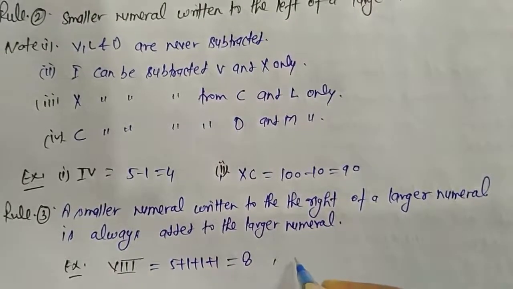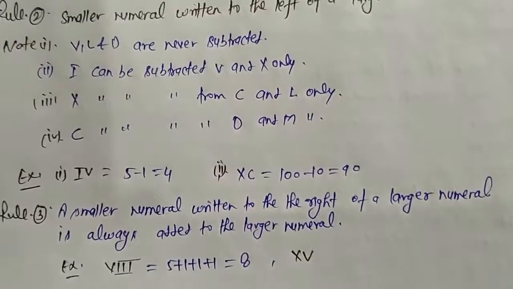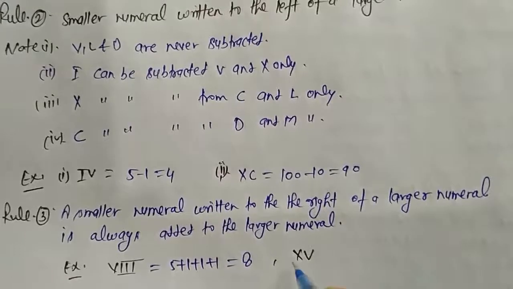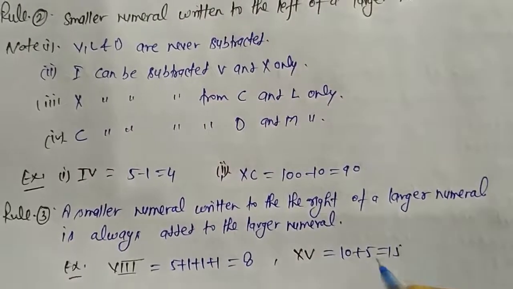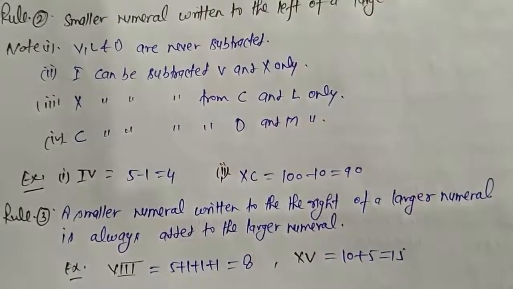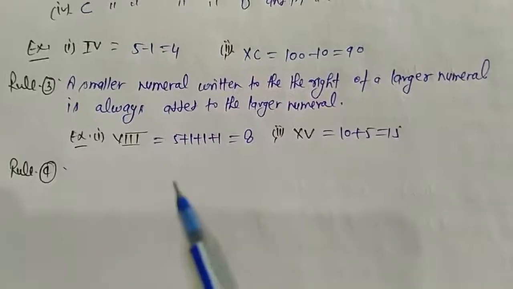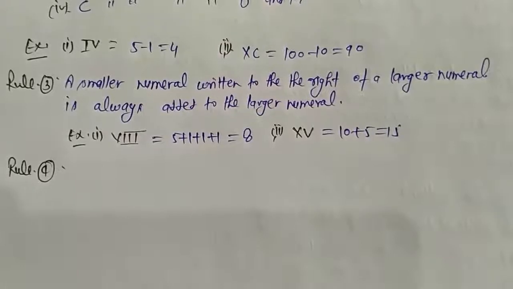Another example, XV: the right side value is smaller than the left side, so 10 plus 5 is equal to 15. The rule number 4 is: when a smaller numeral is placed between two larger numerals, it is always subtracted from the larger numeral immediately following it.